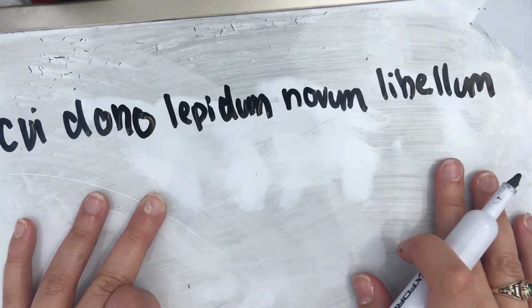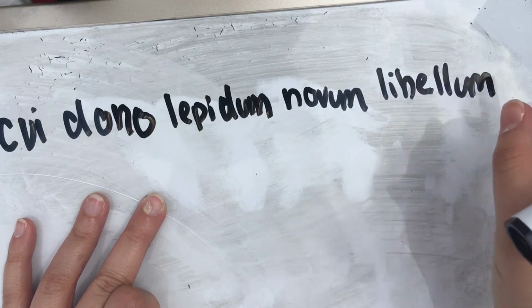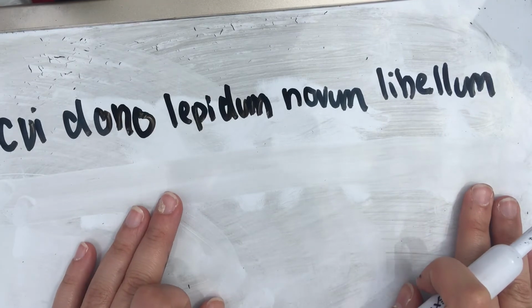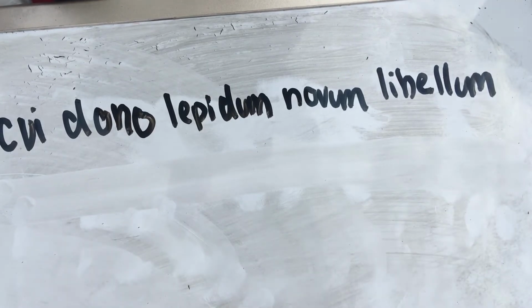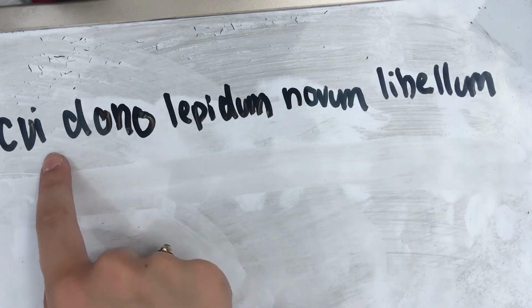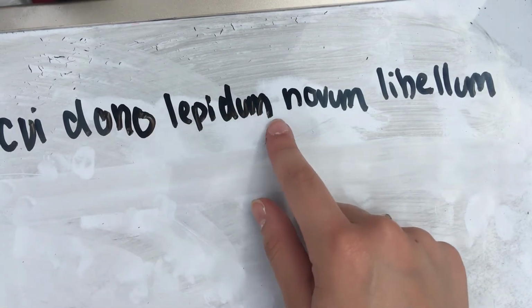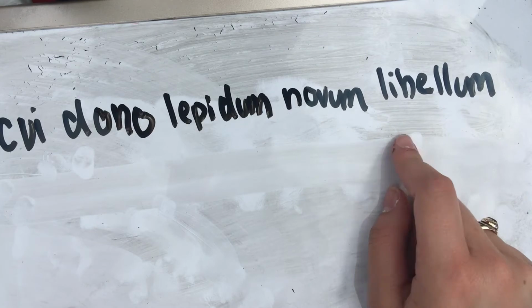So we start from the back and move this way. The first thing you're going to want to do is check to see if there are any elisions. So check the last vowel of each word and the first letter of the next word to make sure there are no elisions, and there are none in this one.